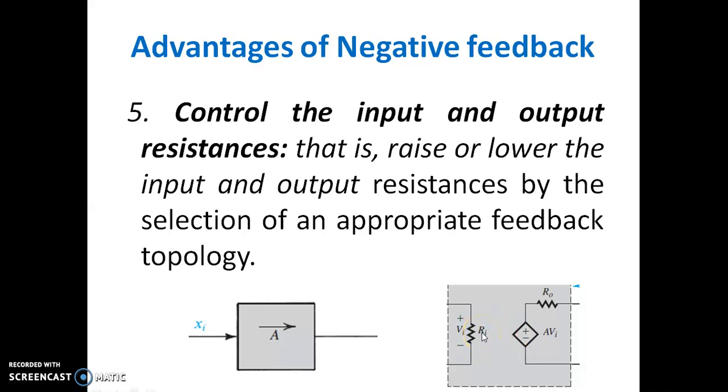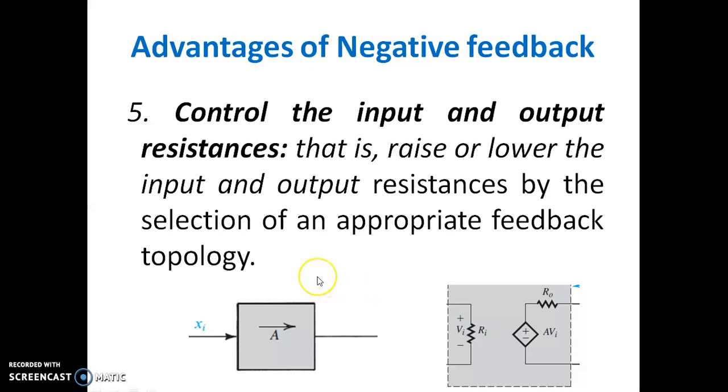So this Ri will be more if you use negative feedback, and this Rout will be lesser than the value before feedback. That is, it raises or lowers the input and output resistance by selecting the appropriate feedback topology. These topologies we'll be discussing in the coming videos.